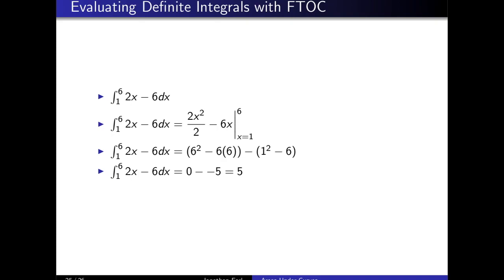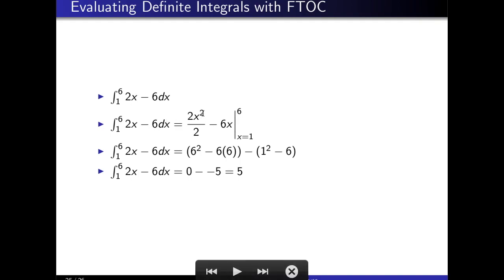Okay, well, we could go and find the integral from 1 to 6 of 2x minus 6. So this was the function for the region that had the triangle below the x-axis and the one above it. We found that the area from 1 to 6 of that function was 5, and conveniently what we see is that we're also going to get 5 out of this. So we'll find an antiderivative for 2x minus 6 from our power rule for antiderivatives that we had from last time.